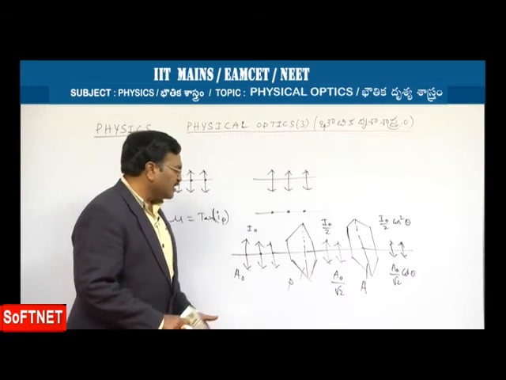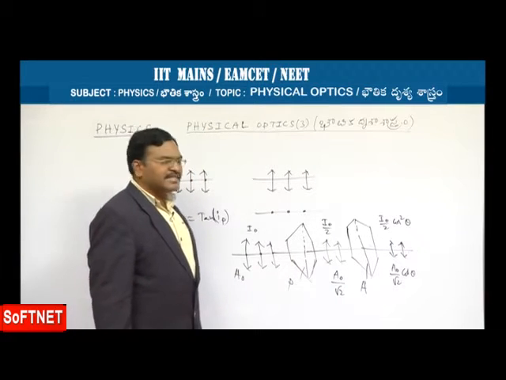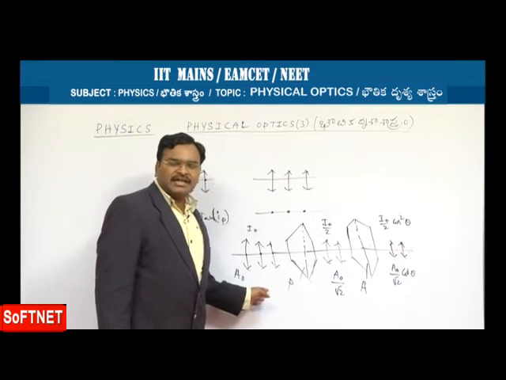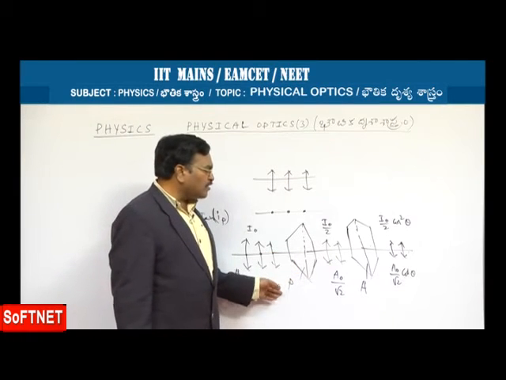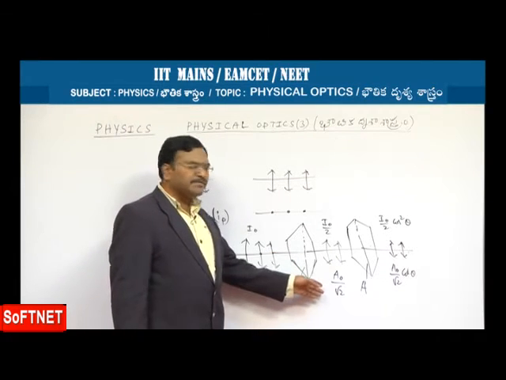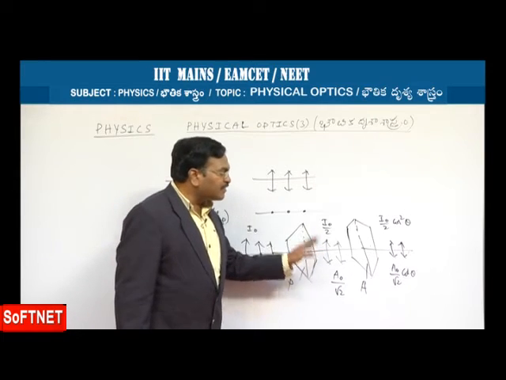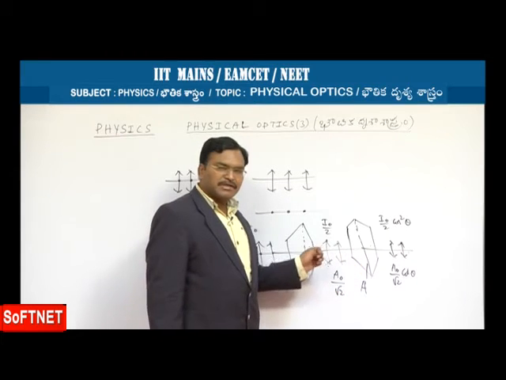Is it clear? According to Malus law, suppose intensity I naught of unpolarized light is incident on the polarizer. It absorbs one component, that is why amplitude becomes A naught by root 2 and intensity becomes I naught by 2. After that we keep one more polarizer, one more tourmaline crystal.